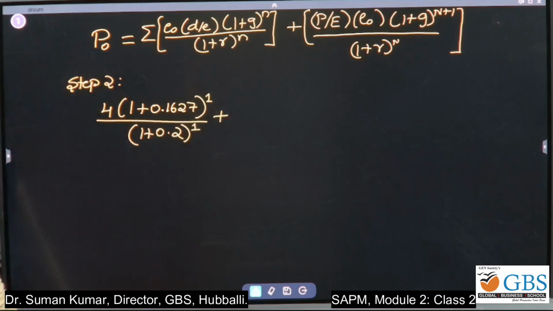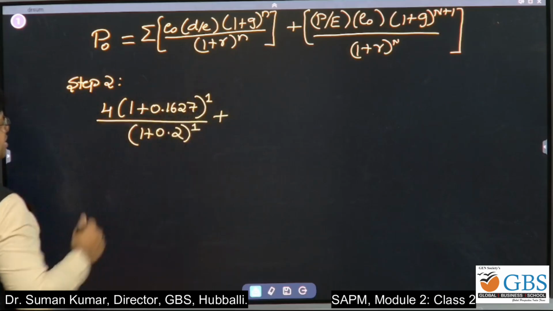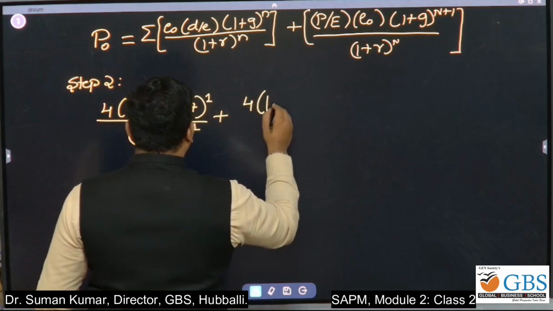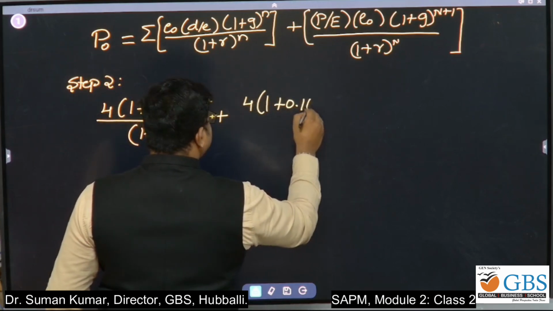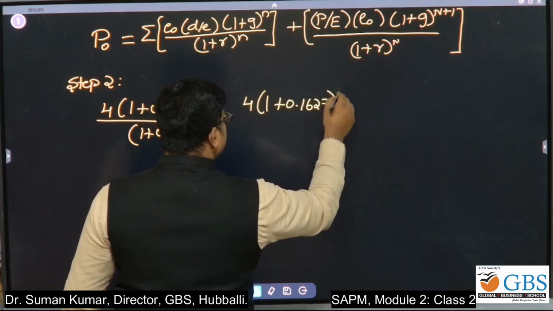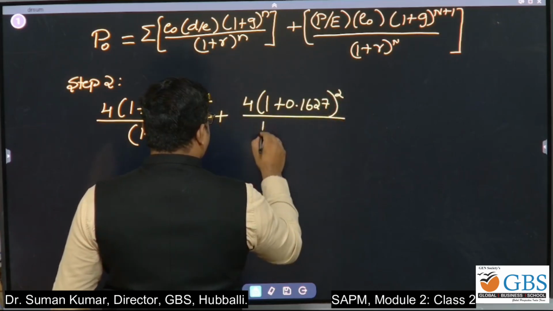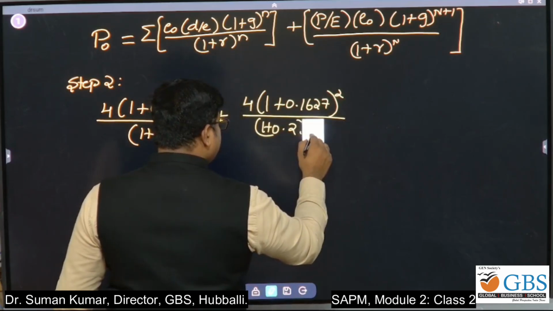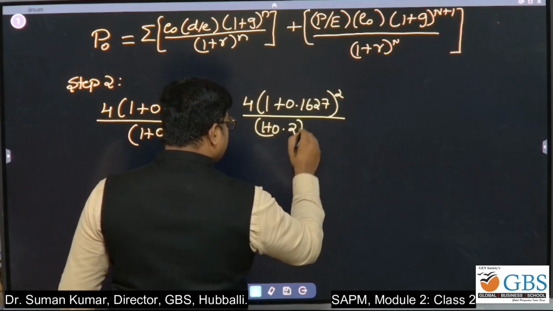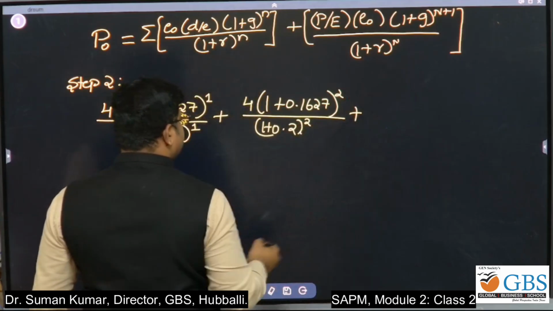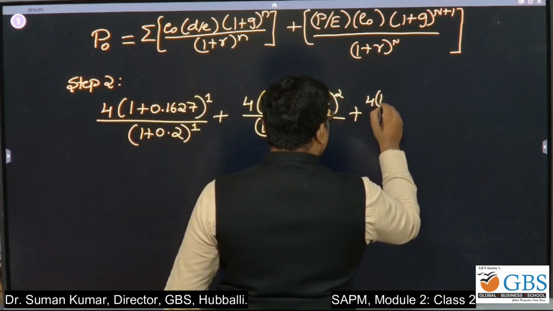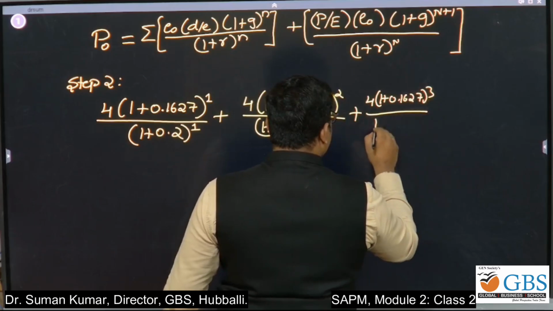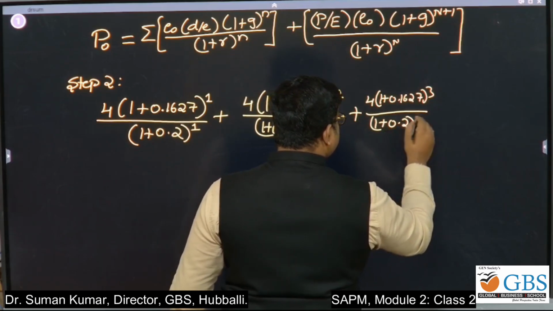The same thing should repeat. 4 into 1 plus 0.1627 raised to 2 divided by 1 plus 0.2 raised to 2. For 4 years, so 4 into 1 plus 0.1627 raised to 3 divided by 1 plus 0.2 raised to 3.